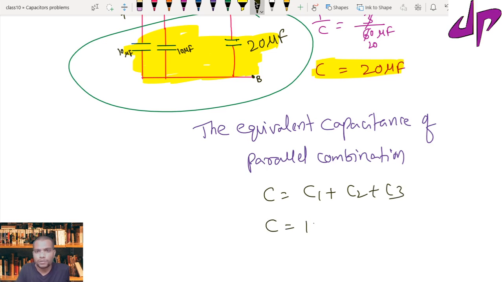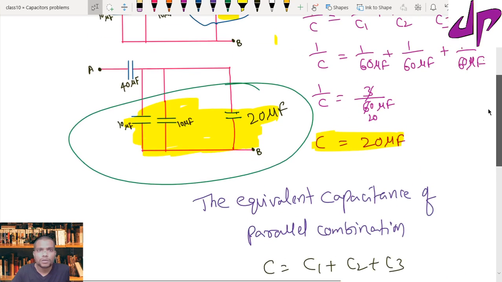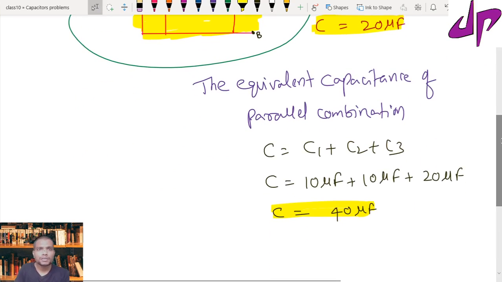The C1 value is 10 microfarad, C2 is also 10 microfarad, and C3 is 20 microfarad. The equivalent capacitance C is 40 microfarad for the parallel combination. Now in the place of these three capacitors, I can easily replace them in the circuit diagram.